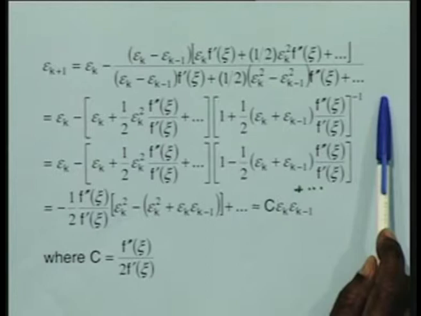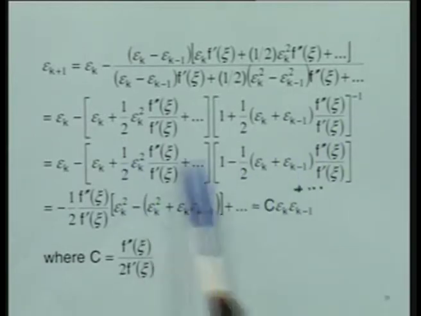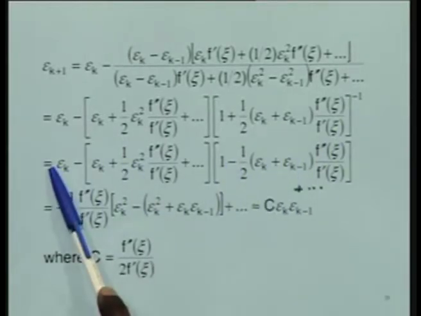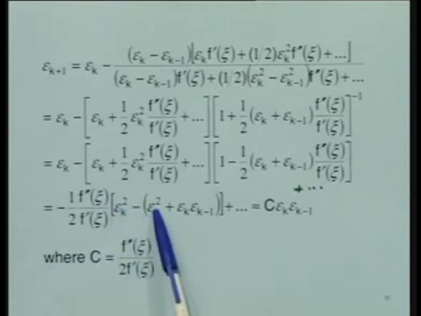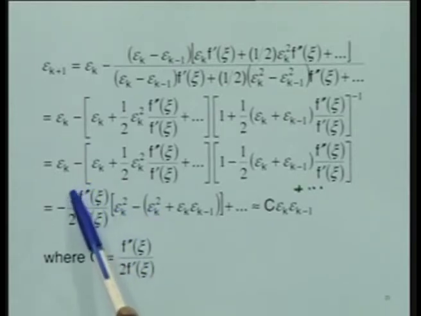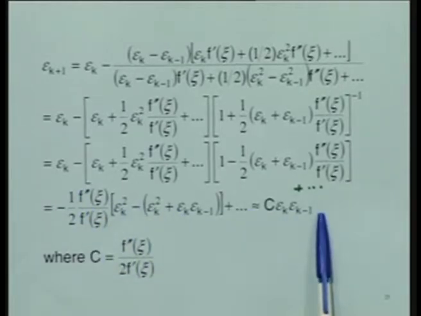We have expanded the denominator in this particular form and multiplied these two factors and finally cancelled out. Then we have simplified and we have seen that epsilon_k squared cancels here, and if I denote this by constant c, then I can write this as simply c times epsilon_k epsilon_{k-1}.